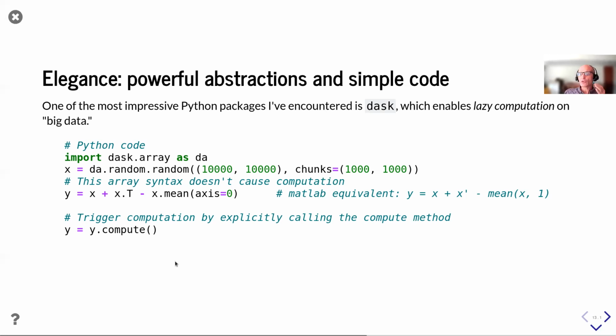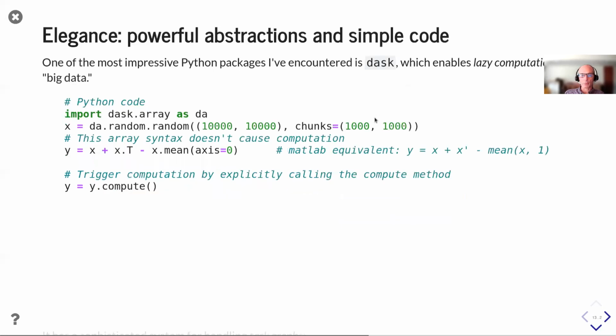But you've saved an enormous amount of time, an enormous amount of programmer effort by doing things lazily rather than eagerly. Okay, so if you're working with big data, lazy computation is a really, really big deal. And that's the reason for existence for Dask, and it handles this in a very impressive fashion.